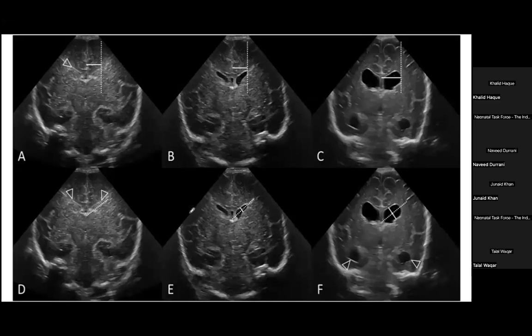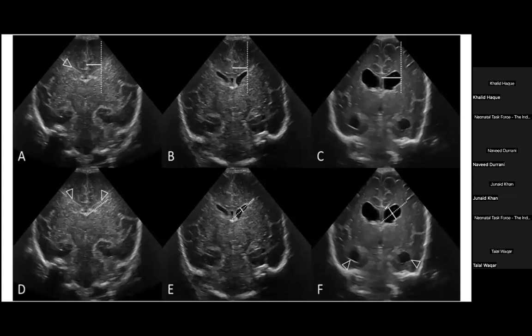So if you see here, from A to B are the different measurements taken, but concentrate on the C. They are measuring here the ventricular index from the midline, an imaginary line, till the most lateral part. They did a dotted line, and you measure this, which is called the ventricular index.